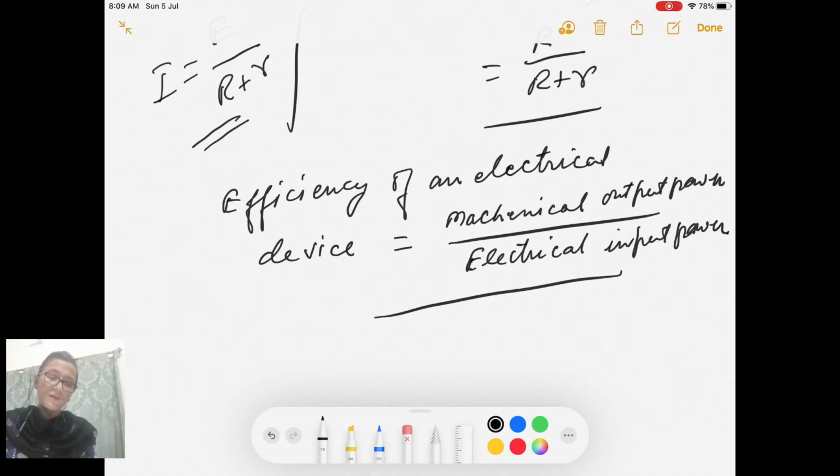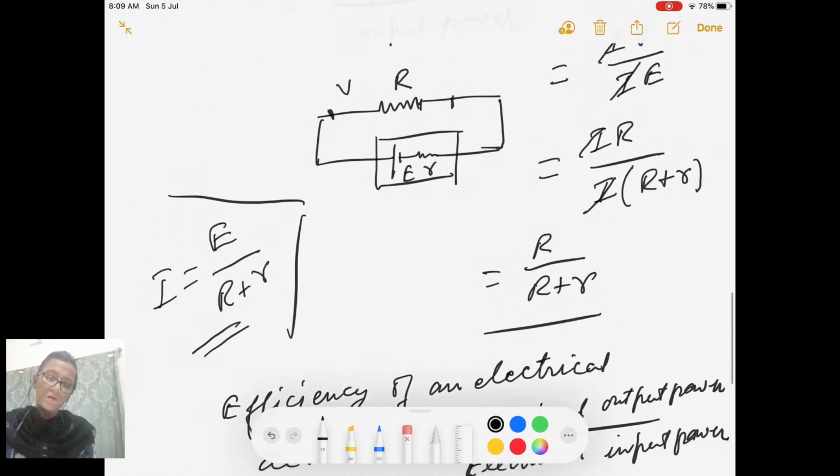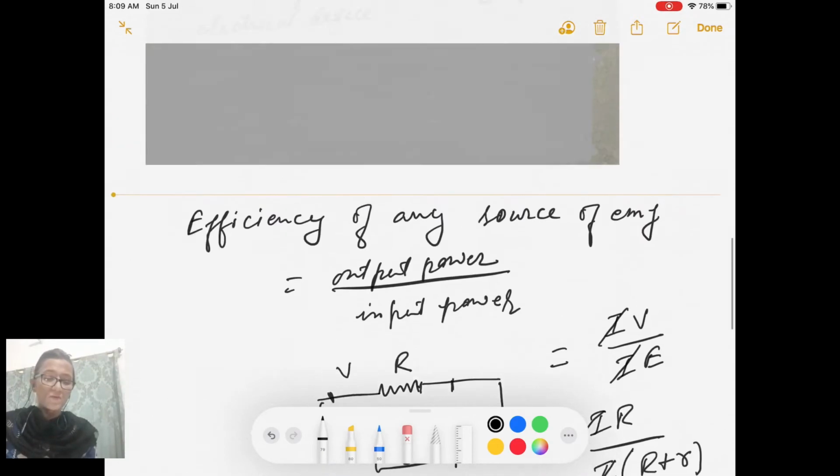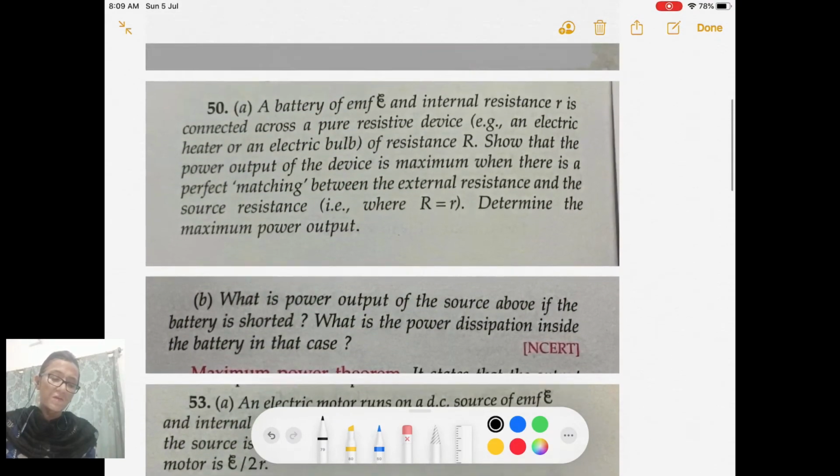So on the basis of this, we'll be finding what is maximum efficiency of any source of EMF. So firstly we will do this question.